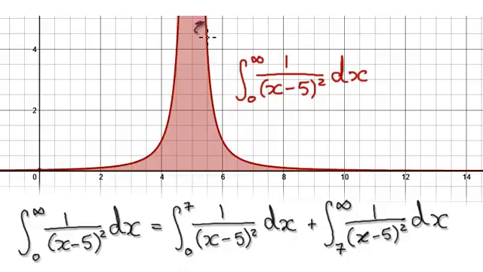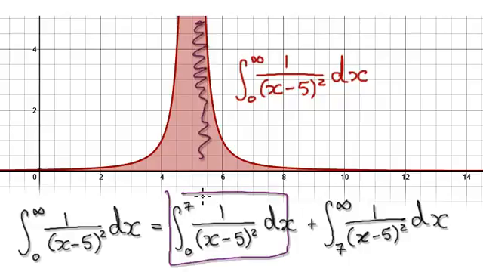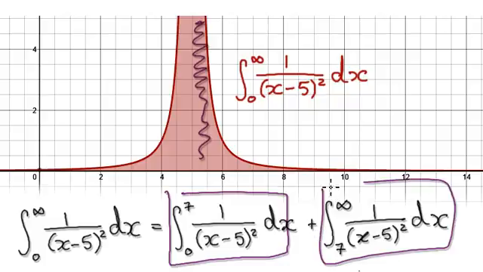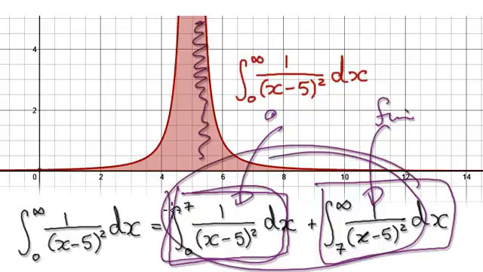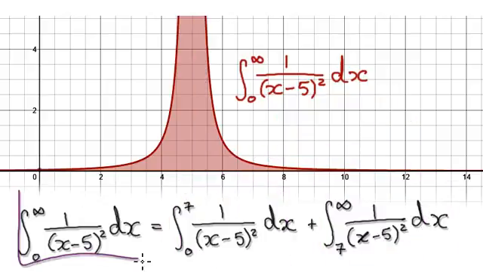Let's say if this is finite, and this bit here keeps on getting bigger and bigger and bigger, then the overall thing is just going to get bigger and bigger. So we can now conclude that it diverges. Okay.